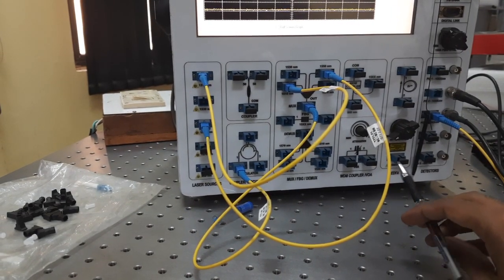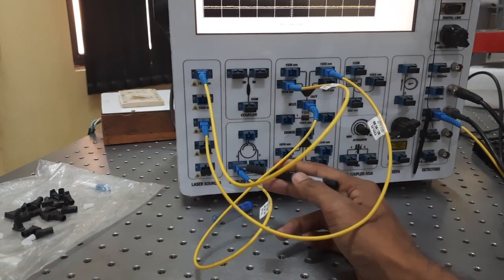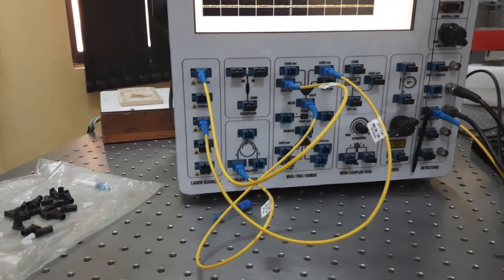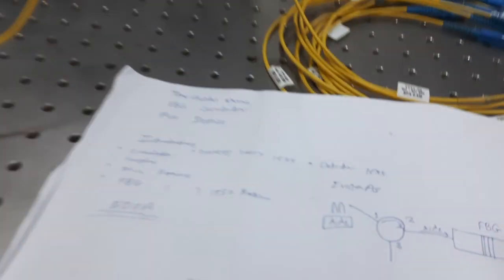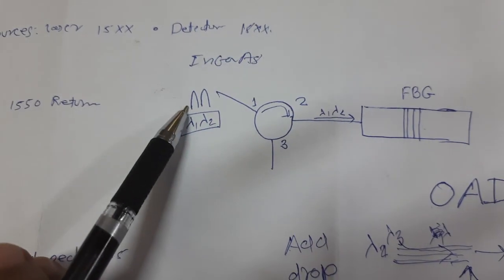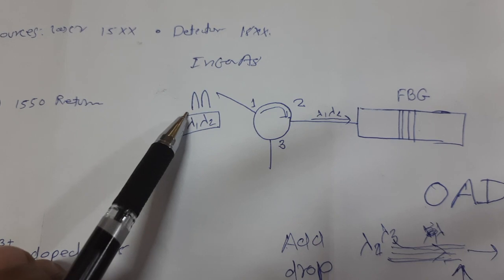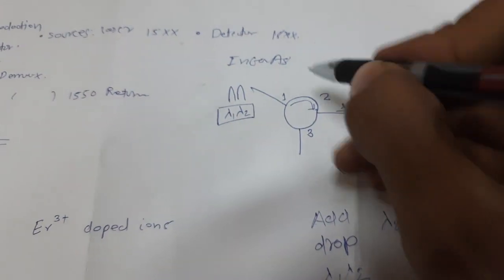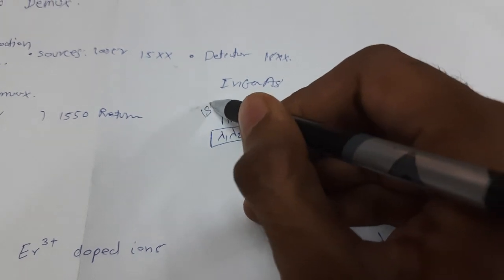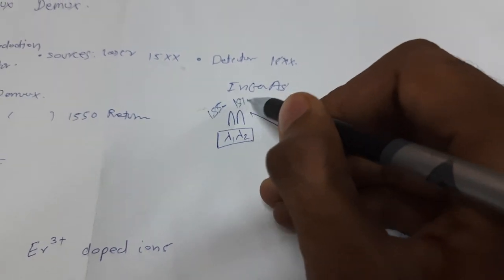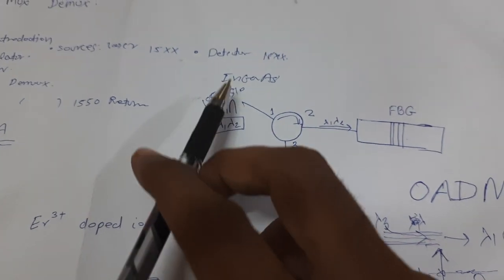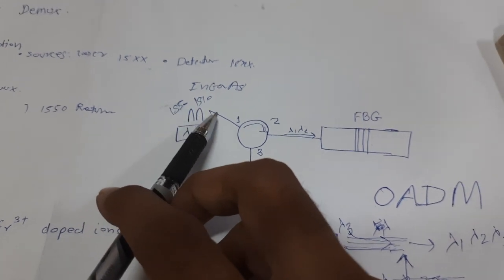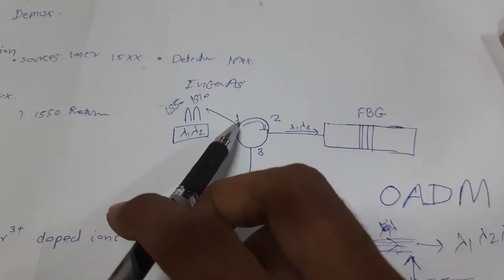This is my multiplexed signal, lambda 1, lambda 2, 1550 and 1510 combined. I will give it to port 1 of the circulator.